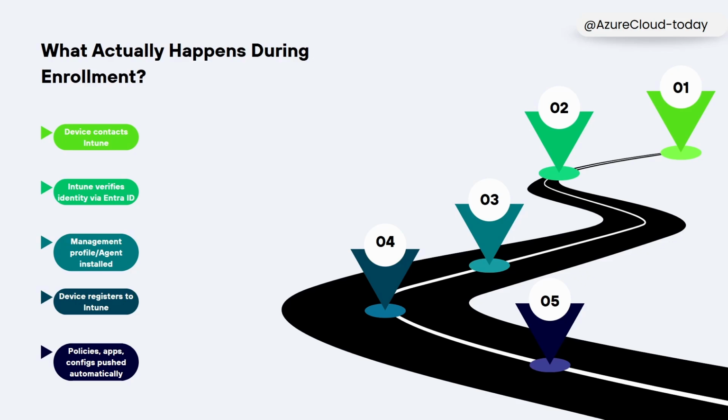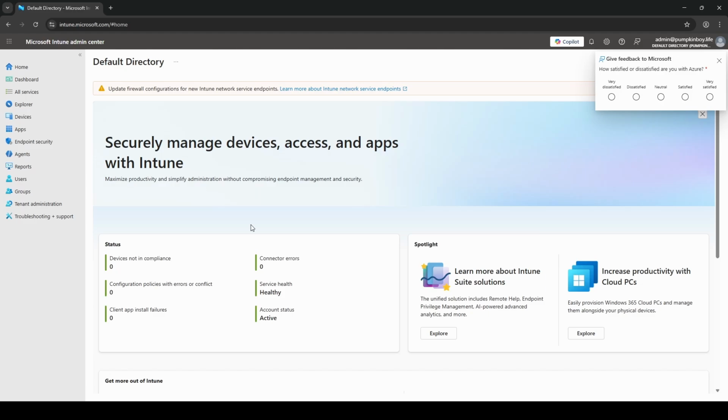Now, let me switch over to the Microsoft Intune Admin Center to show where this lives. To open the Microsoft Intune Admin Center, you must type in your search bar intune.microsoft.com and log in with your admin credentials. If you have watched our video on the tour of the Intune Admin Center, then this should all look very familiar to you.